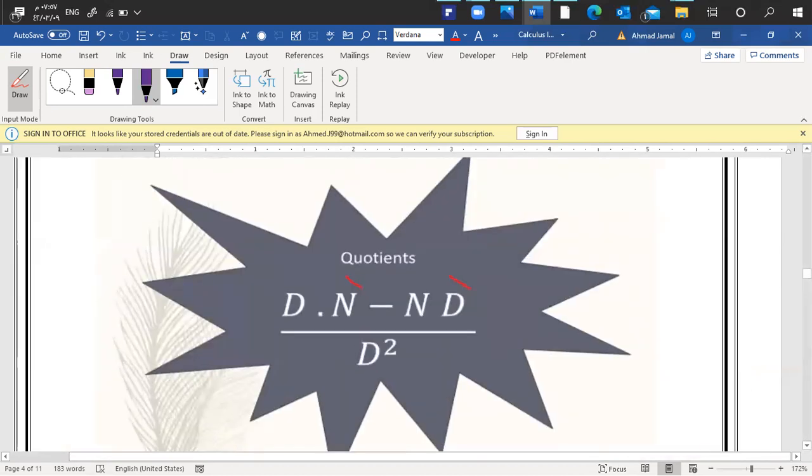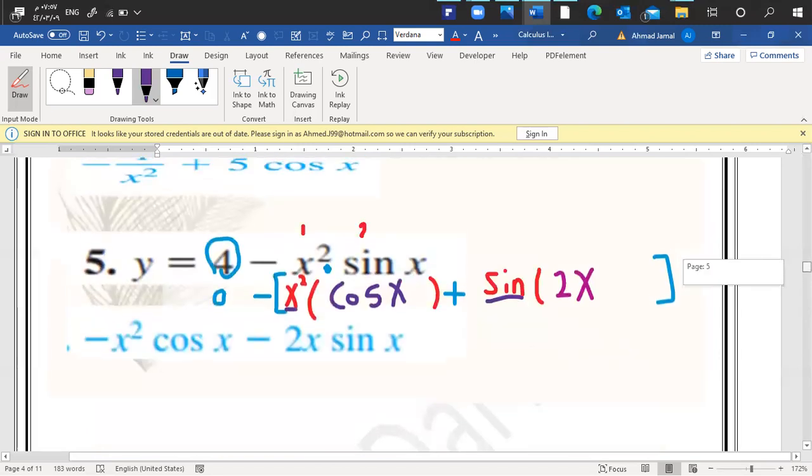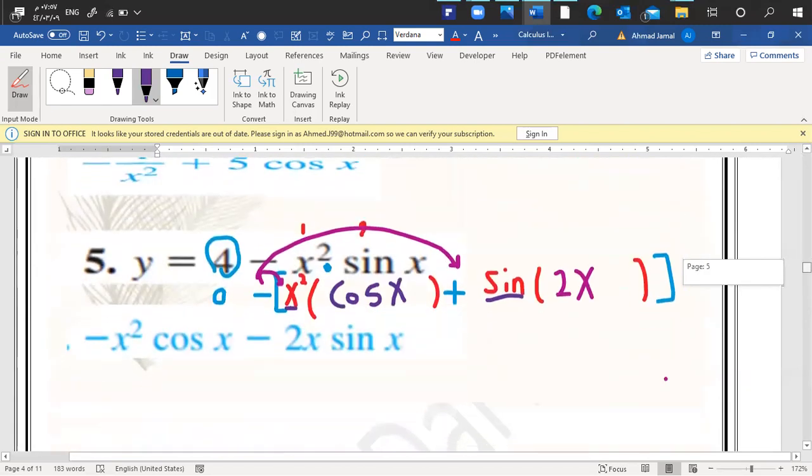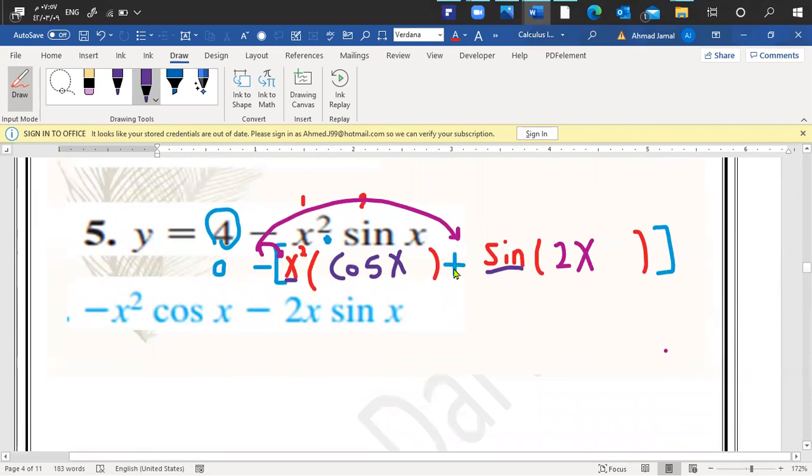And if we have multiply, we should use positive: write the first one, derivative of the second, write the second one, derivative of the first. So now I finish all the first idea in lesson 3.5. Okay, thank you.